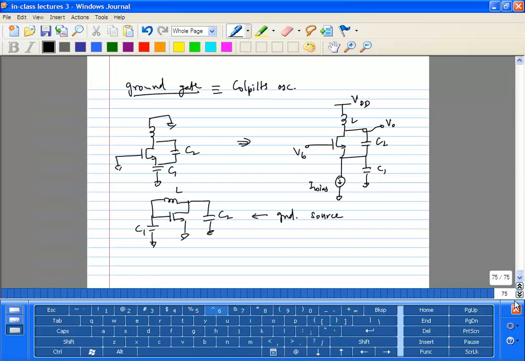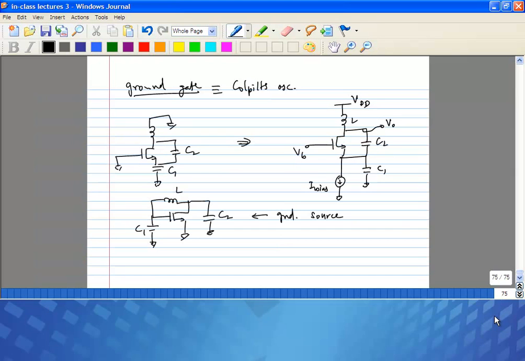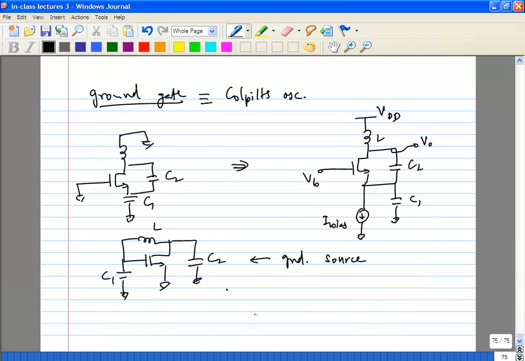So this guy becomes, if you add the biasing, it looks something like this.